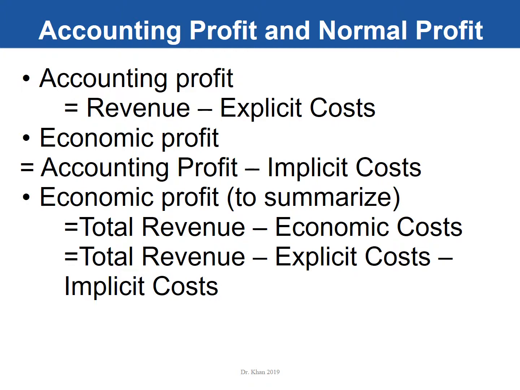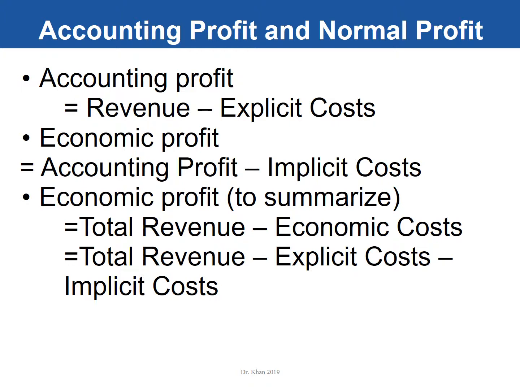So then $12,000 over a year, that could have been the rental income that the guy could have earned, but now it's missing out on because they're using the store for the business. So now the economic profit will be $20,000 accounting profit minus $12,000 implicit cost. So now the economic profit will be $8,000.